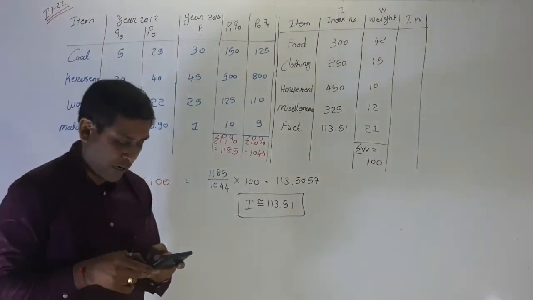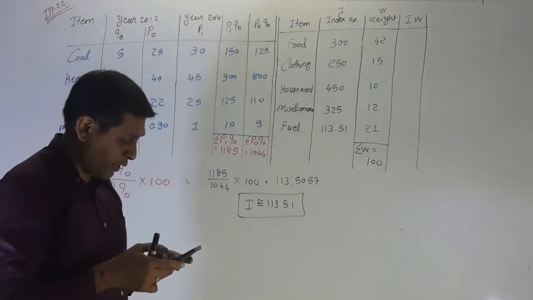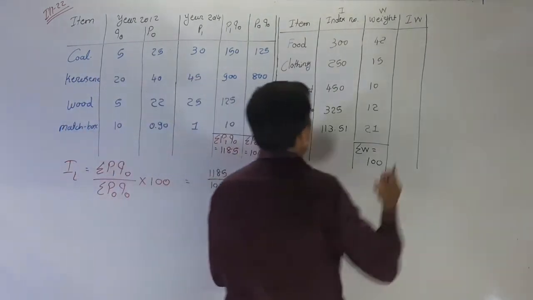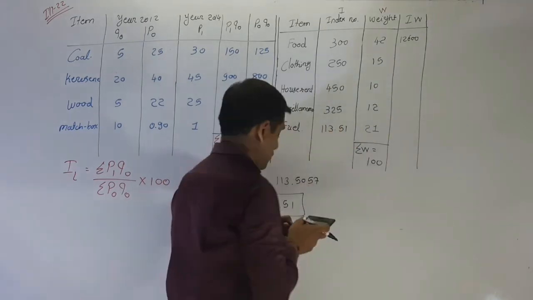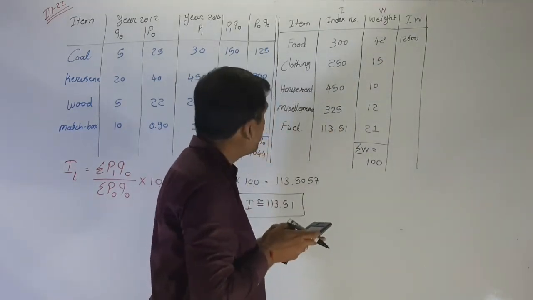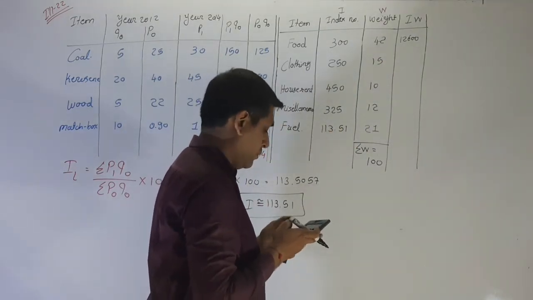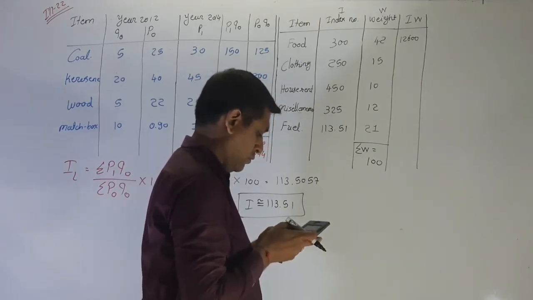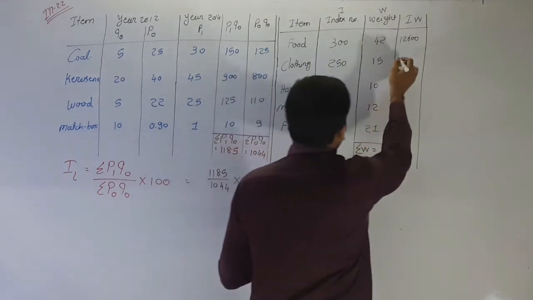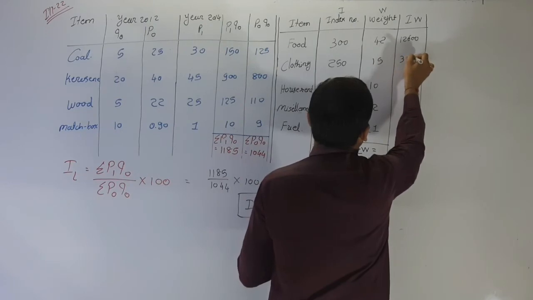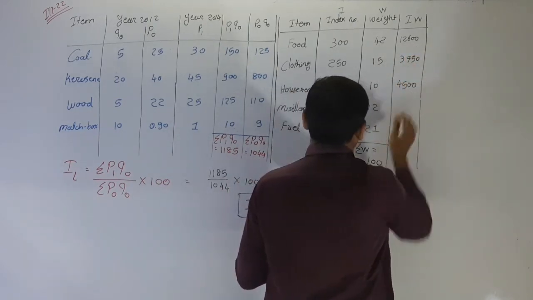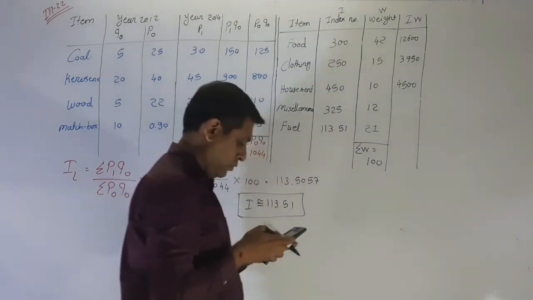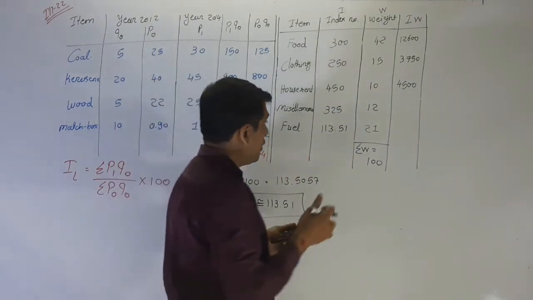I is equal to 300 into 42, 12,600. 250 into 15, 3750. 4500. 3900.